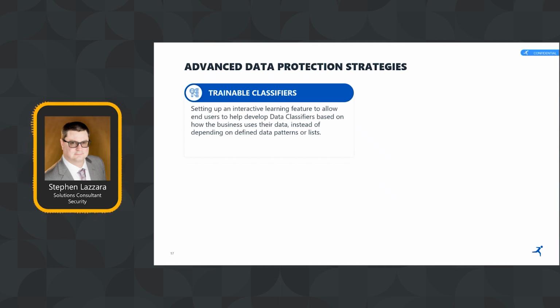We briefly mentioned that earlier. What that is, it's an interactive development tool that allows the AI behind the Microsoft Purview environment to actually take a seed set of data and learn how businesses use that data.